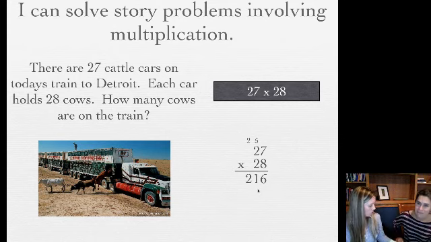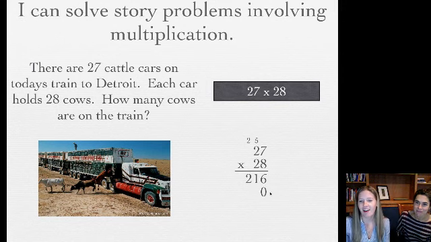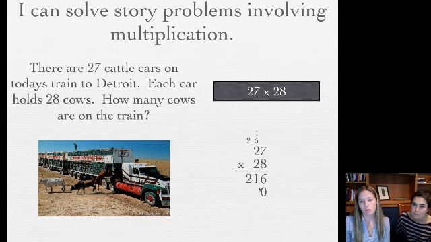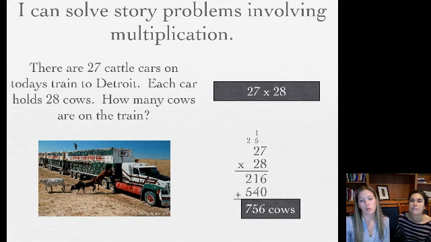Now I'm going to mark my place value with a 0 because I'm moving over. So 2 times 7 is 14, so I have my 1 up here, my new group, 14. And I multiply my tens, 2 times 2 is 4, 4 plus 1 is 5. And then the last step is adding them together. So I end up with 756 cows are on the train.